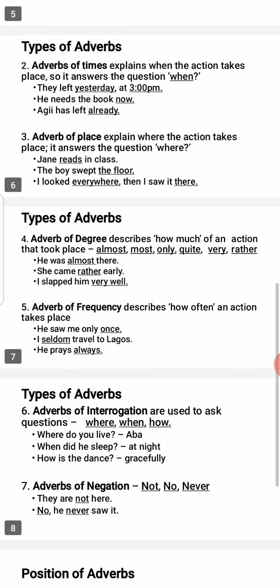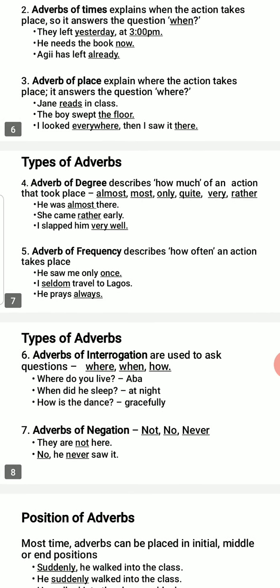The boy swept the floor. Where? The floor. I looked everywhere, then I saw it there. I looked where? Everywhere.